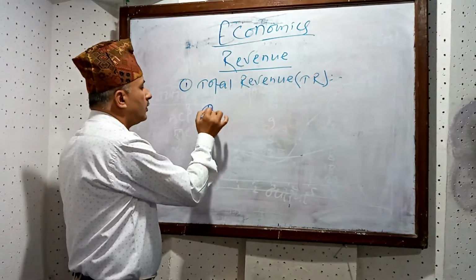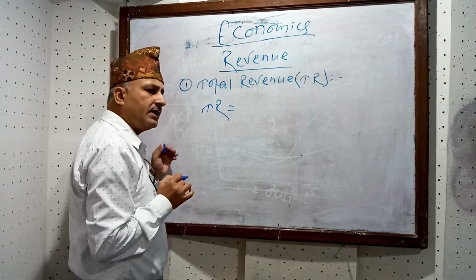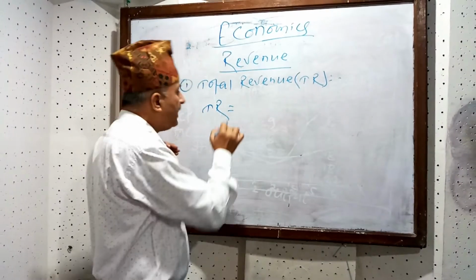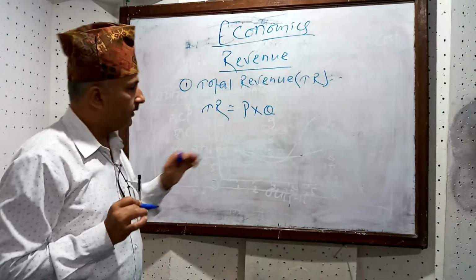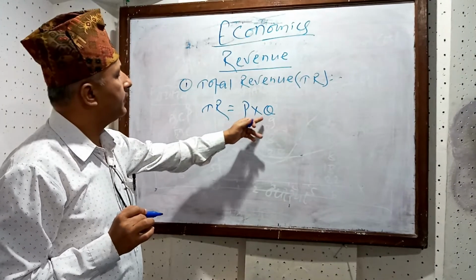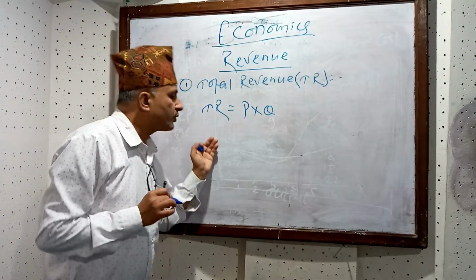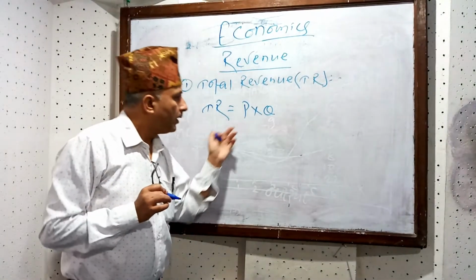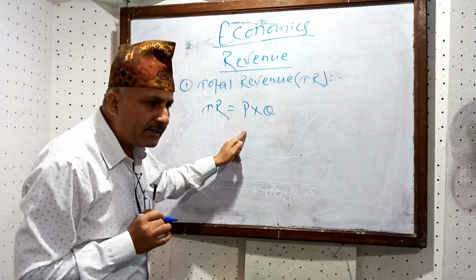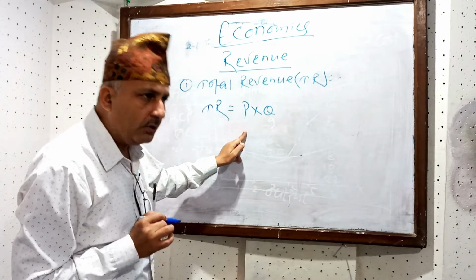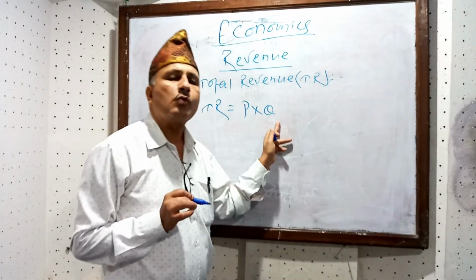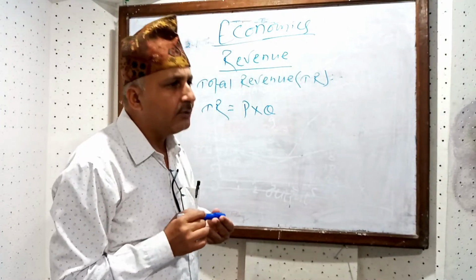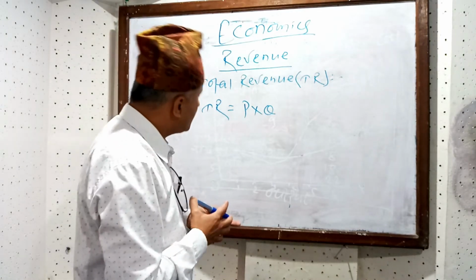TR is equal to P into Q. Here TR denotes total revenue, P refers to per unit price, and Q refers to quantity sold. That means how many units of a quantity are sold.